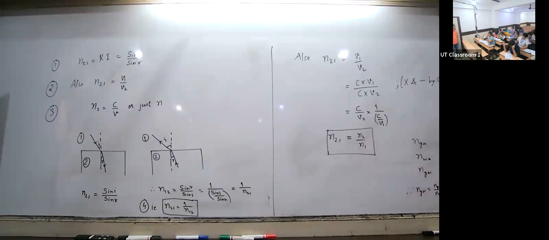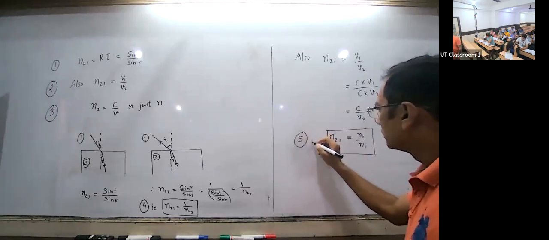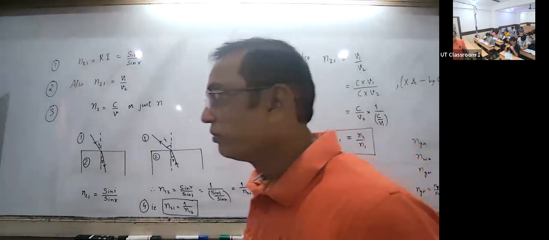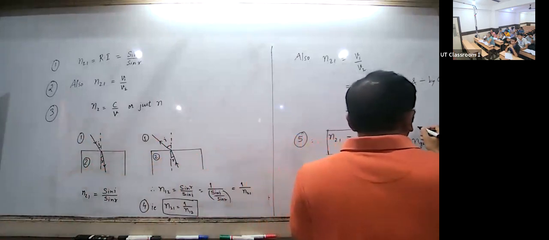Is it clear? Yes, sir. So these kinds of questions, you may be asked to solve numericals in which this will be useful. Okay, so this is your fifth relation. So these 5 relations will be very useful. This is just the example.